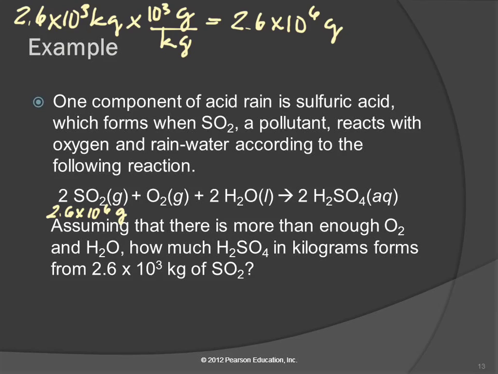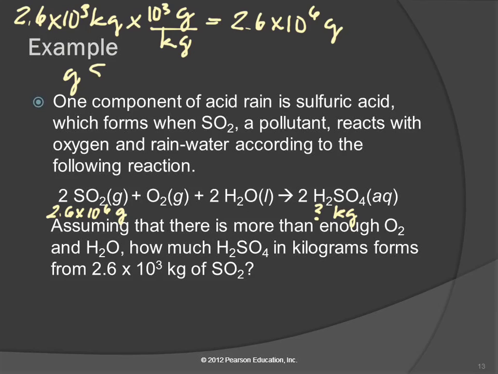The question is, how much sulfuric acid? Now it wants kilograms, but we could calculate grams and then convert it. So we don't have a lot of room on this slide. I'm going to write our path up at the top. Grams to moles to moles to grams.